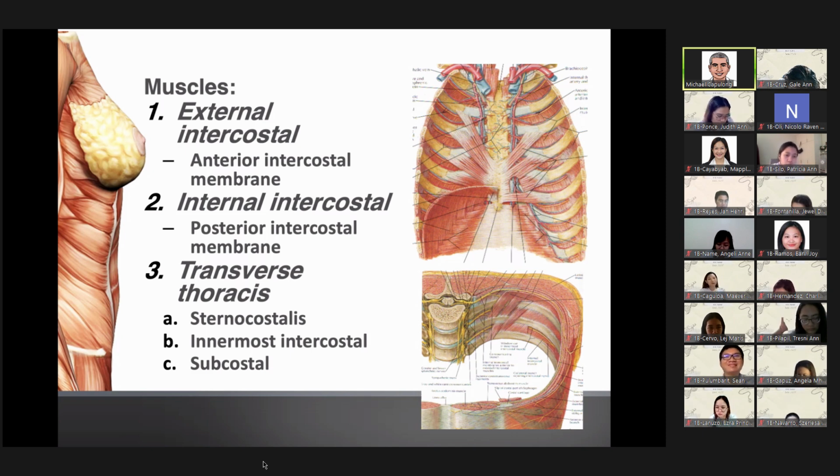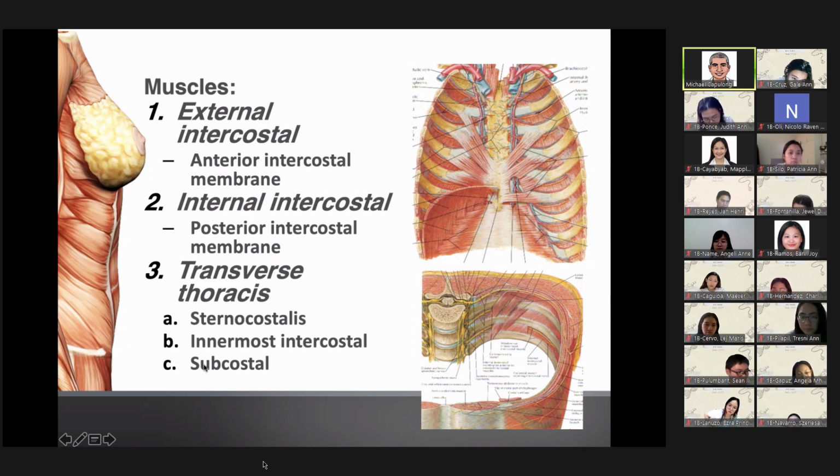Your innermost intercostal muscles will have the same fiber direction and action as your internal intercostal muscle, but it will not extend as far as your intercostal space in the anterior area as compared to your internal intercostal. Okay, of the three, the most constant would be your sternocostalis muscle. Okay? This is the most constant of the three.